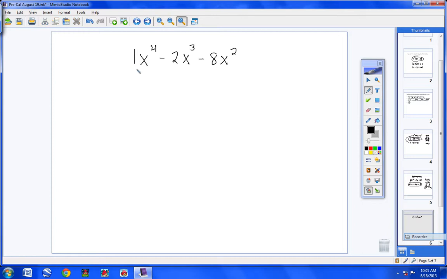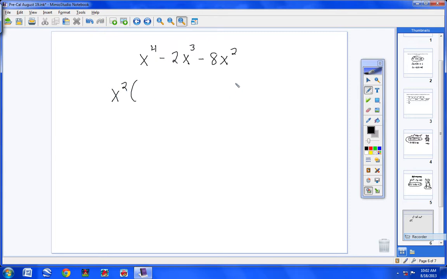And there's no number that goes into 1, 2, and 8 except 1. I'm not going to worry about that. But x's, I have 4 x's here, 3 x's here, and 2 x's here. Now, I can't pull 4 x's out because each one doesn't have 4. And I can't pull 3 out because each one doesn't have 3. But I can pull 2 x's out because each one has at least 2 x's. So I'm going to pull out 2 x's.